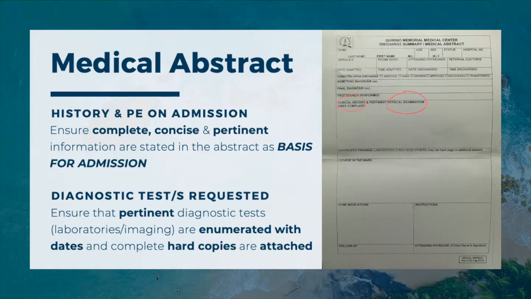Next, also ilagay din natin yung weapon or material causing the injury, because all of these are necessary for ICD coding. Iba ang code if the injury happened at home, iba kapag nasa public place or sa restaurant, iba kapag while doing work-related activity or while at leisure activity, while at sports, iba-iba yung codes kapag ganun.